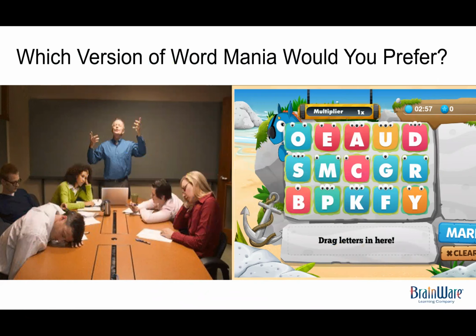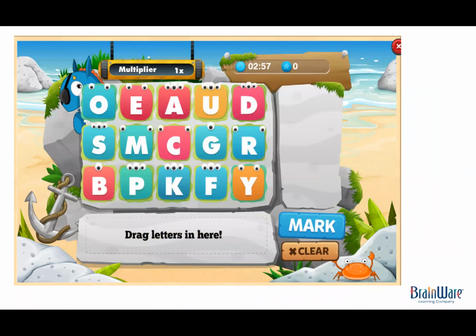Do you want the Word Mania on the left, either standing up or sitting at the table? I do apologize. But if you say that you'd like to play the one on the right, which of course we all would, that would be something we can actually do a little bit.